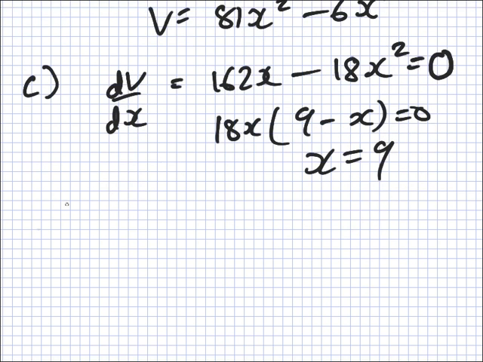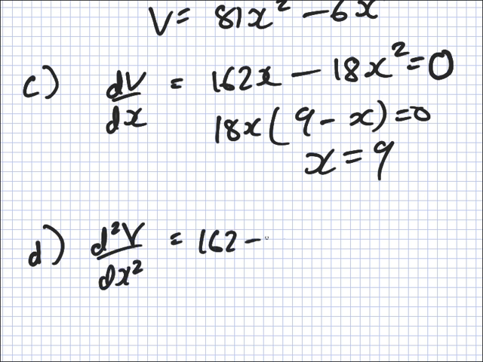Part D: confirm it's a maximum for 3 marks. What's the second derivative here? It's 162 minus 36x, and x is 9. That is definitely negative, which makes it a max. Why didn't we use the second derivative in C?